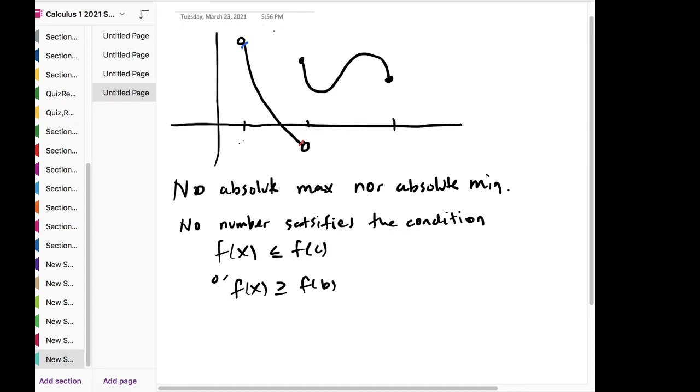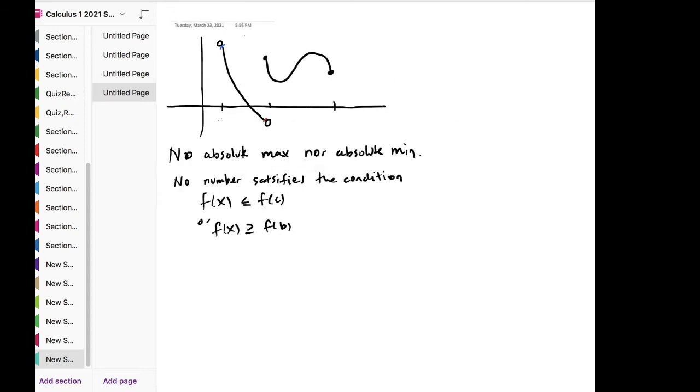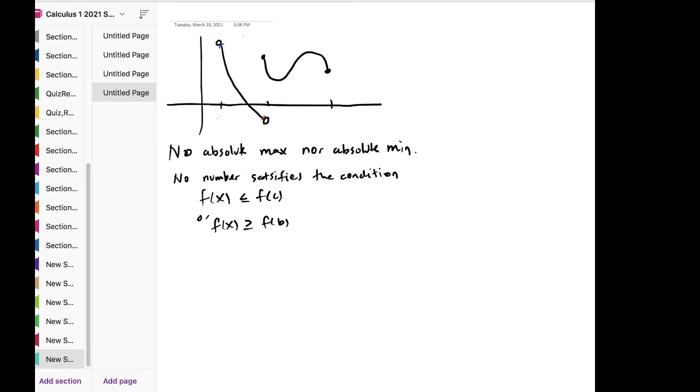It's kind of like our talk of calculus, right? You cannot describe a point away from another point. If there was an absolute minimum, it would be the point next to that point, but that doesn't exist.